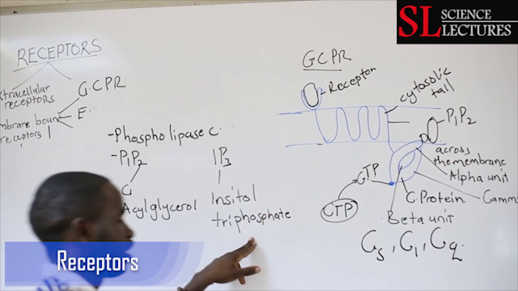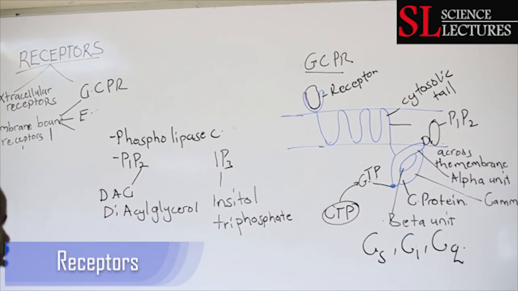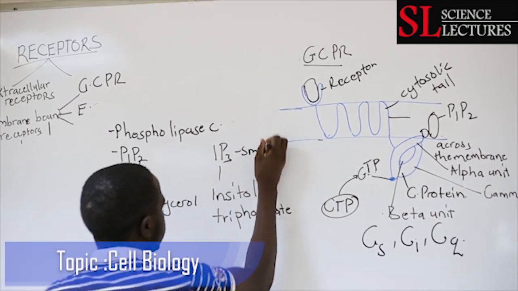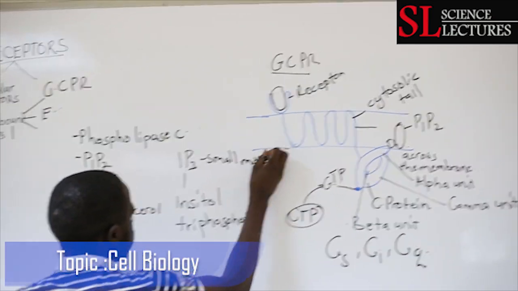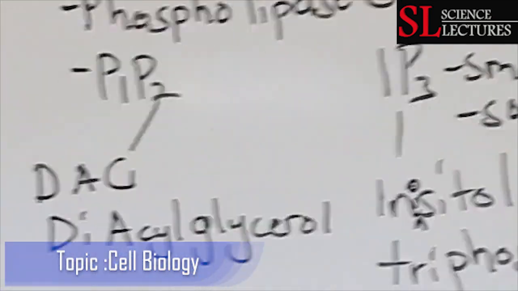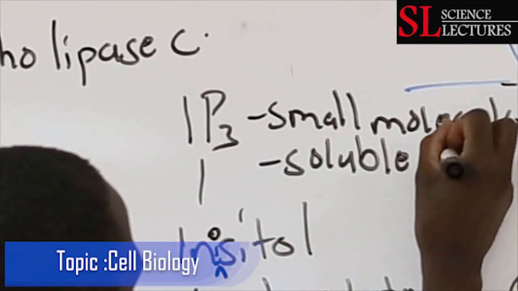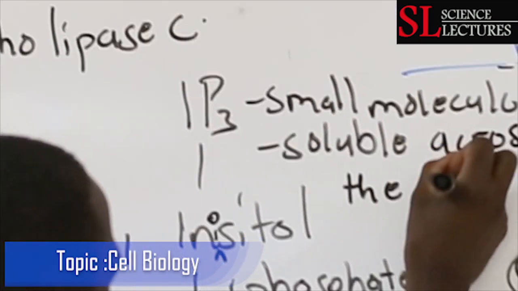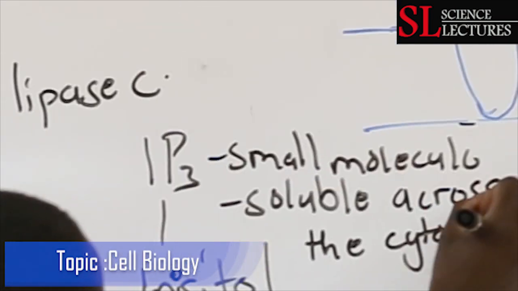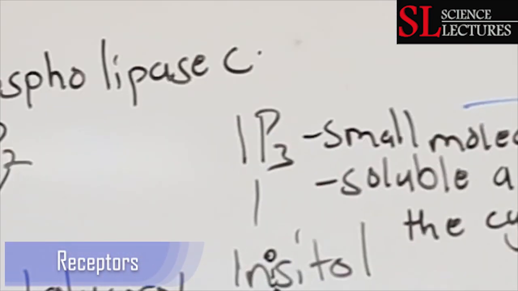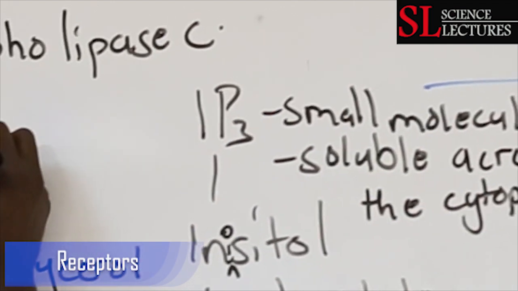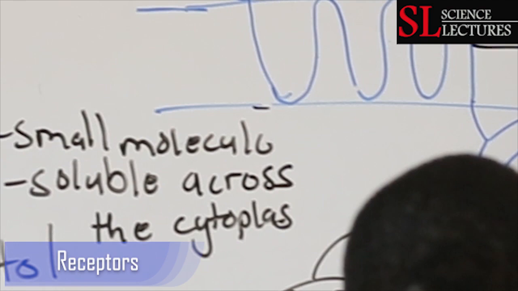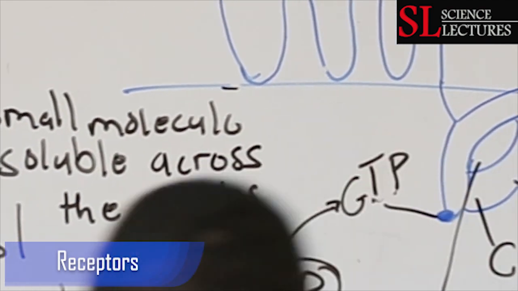This is inositol triphosphate. Then inositol triphosphate is a small molecule that is soluble across the cytoplasm. While this diacyl glycerol, or what is summarized as DAG, remains attached to the cell membrane.